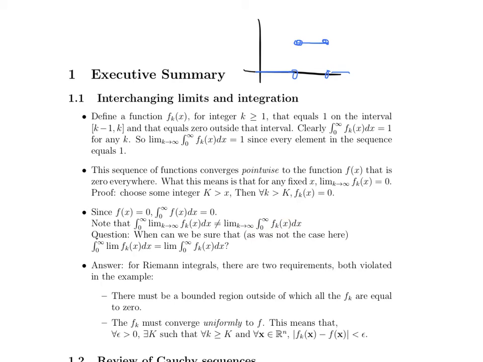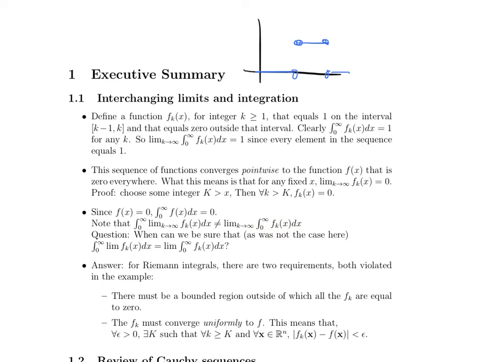Let me repeat that very carefully. We do not have uniform convergence in this example because there's always an interval in every single one of the f sub k's where the function value is 1 and our limit function is the 0 function. And so there's no way to say, hey, for that interval where the function value is 1, we're within epsilon of the limit function, because 1 is not 0, and we can't even squeeze it to 0, right?